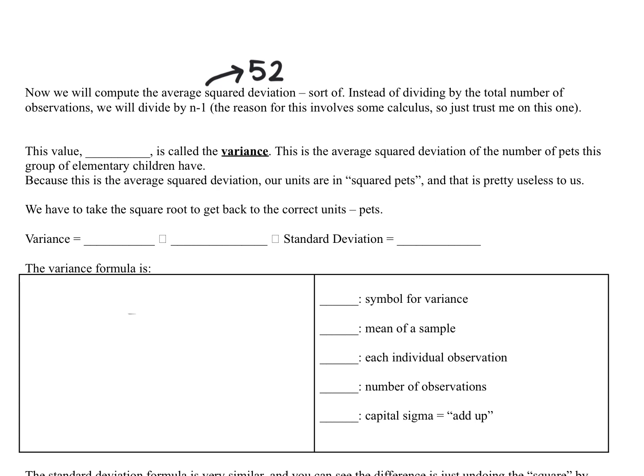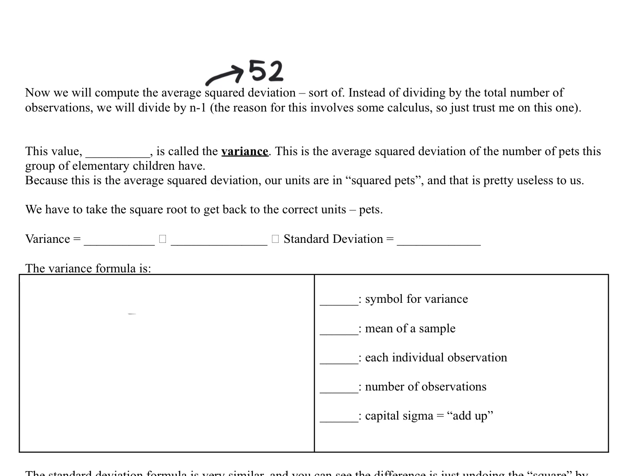Most of the time, we are going to be calculating sample standard deviation because we're going to have a sample of data. We're not going to have every value from the population. So for sample standard deviation, to find that average squared deviation, we divide by n minus 1. If I were finding population standard deviation, I would be dividing by n. And I'm not going to go into the reason because it's calculus.